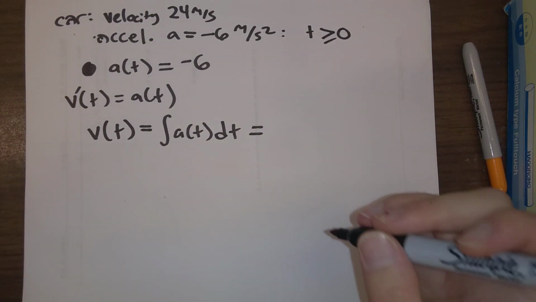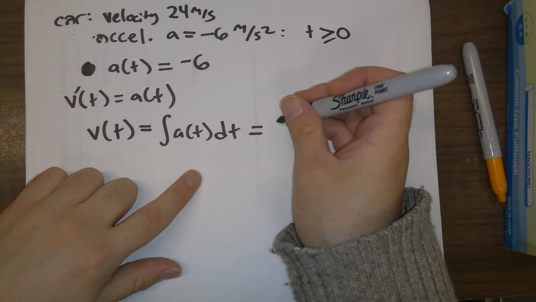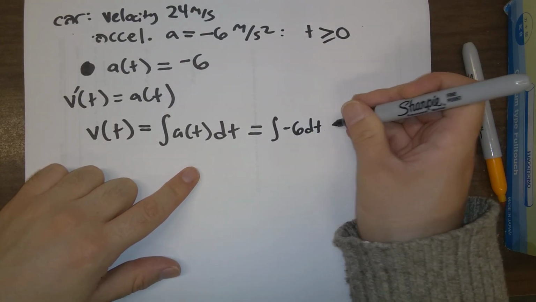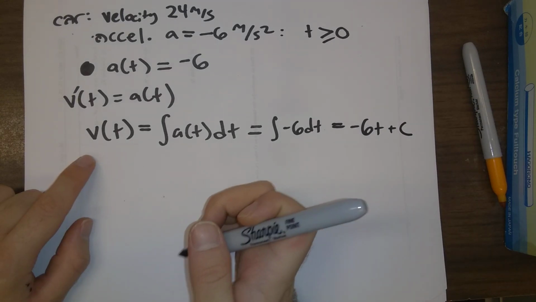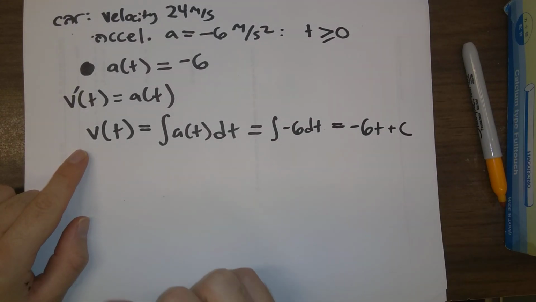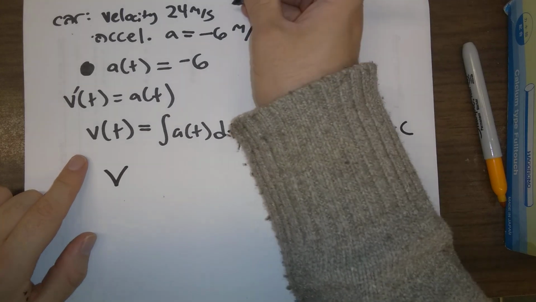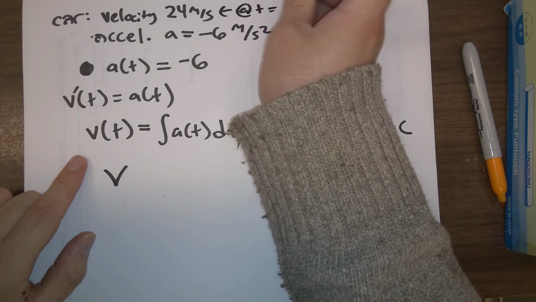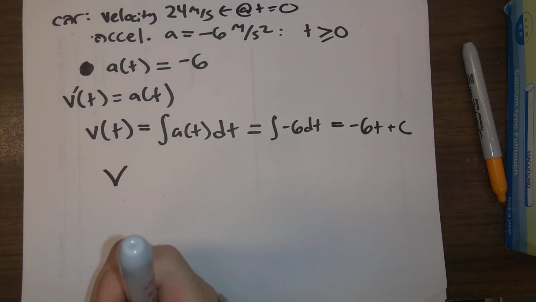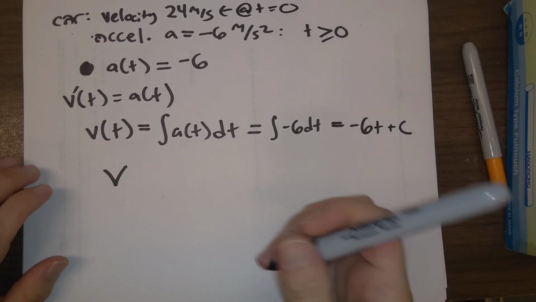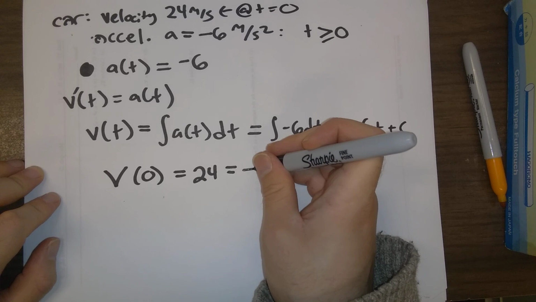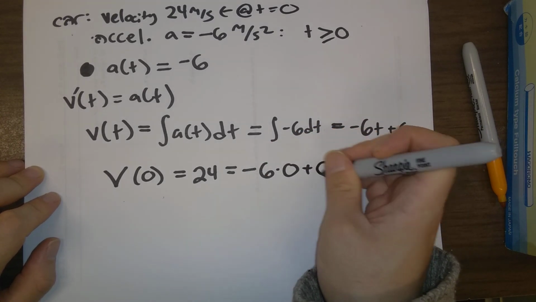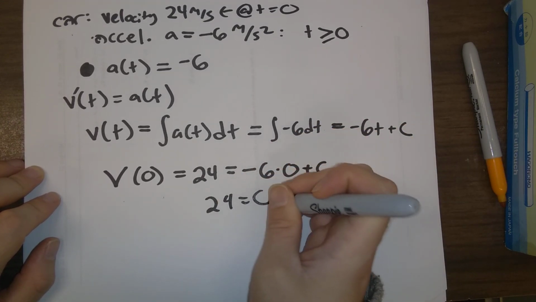So if we crunch this out, the integral of minus 6 dt is minus 6t plus c. So v of t is minus 6t plus c, but this 24 meters per second was when t is equal to 0. So v of 0 is 24, is minus 6 times 0 plus c. So 24 is equal to c.